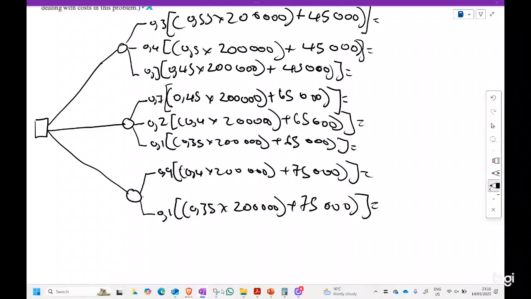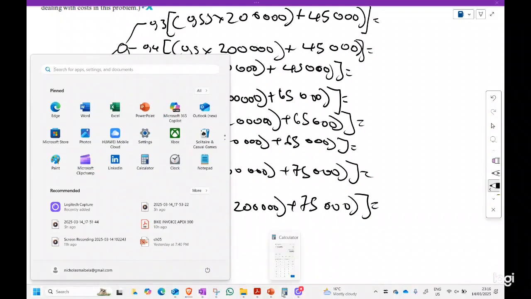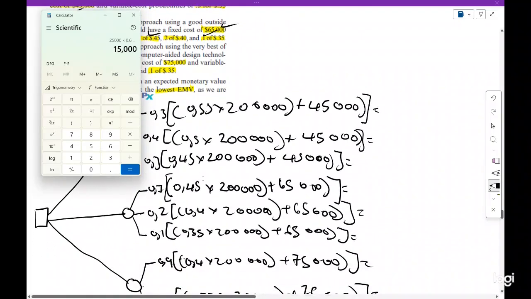Okay, then we call the calculator and it has to help us here. 0.55 multiplied by, no, I'm not happy with that.